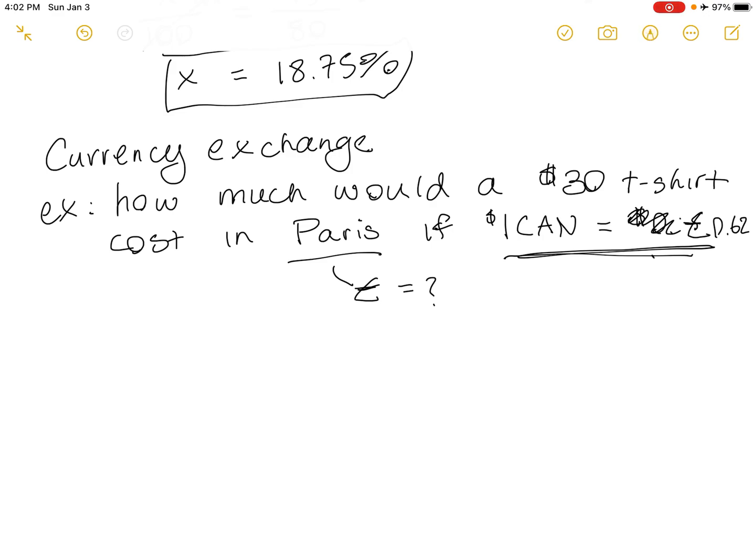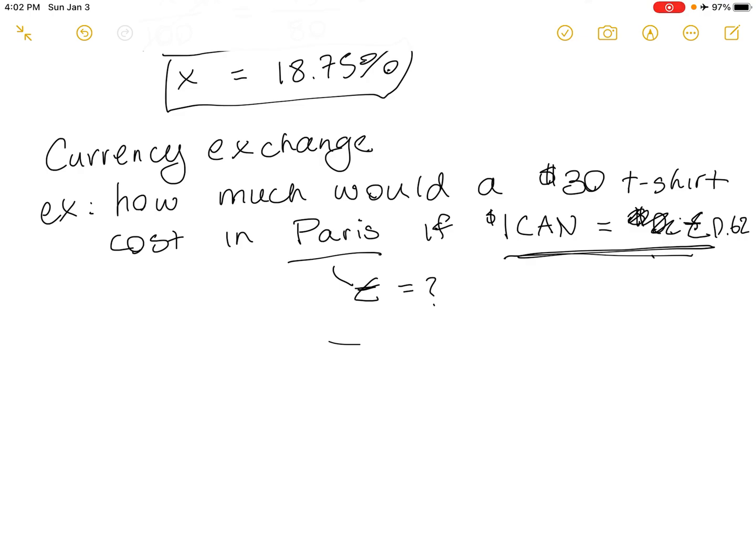In these types of problems, the exchange rate is always going to be one side of the equation. The other side is going to be, what are we looking for? The number of euros over what was the original price, $30 Canadian. You can set it up either as euros over dollars or dollars over euros. What I like to do is set it up in a way where the unknown goes in the numerator.